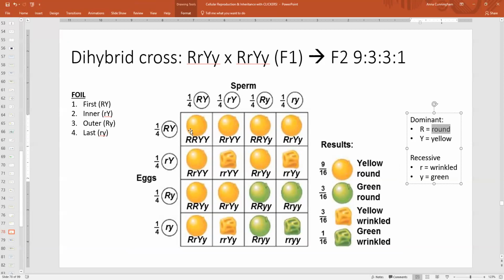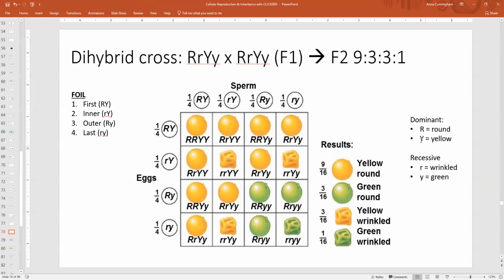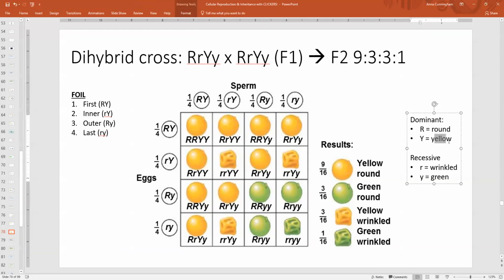So that means that the dominant allele will be expressed, so we have round seeds. It's also homozygous dominant for color, which would be the Y, which would mean we have yellow, right? The dominant allele is expressed.